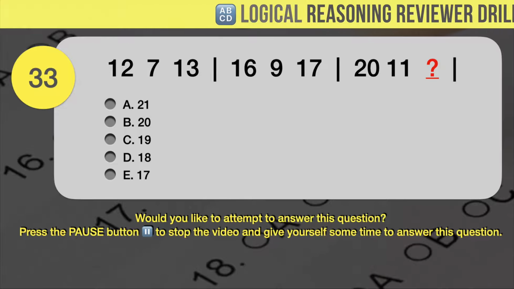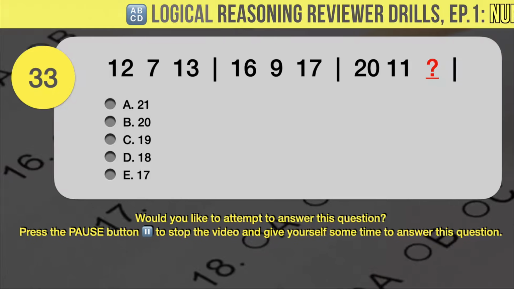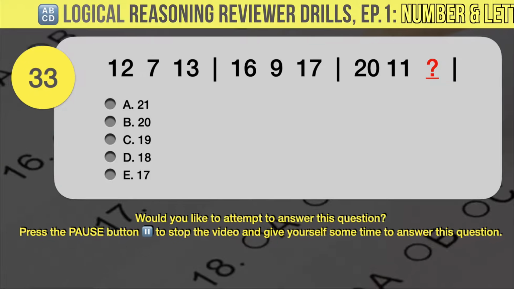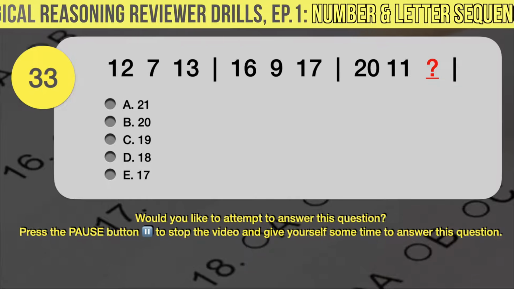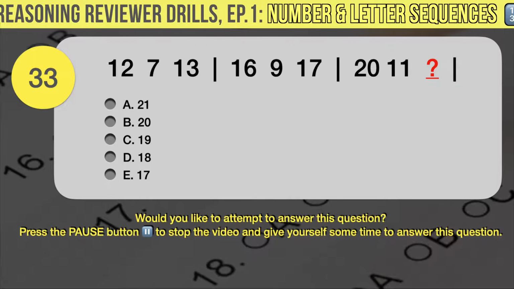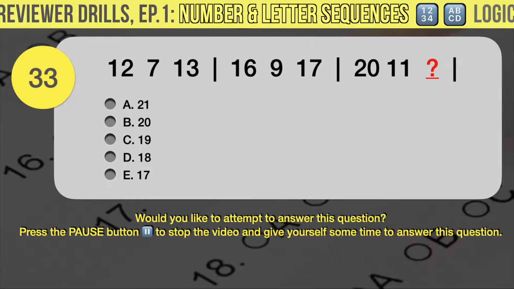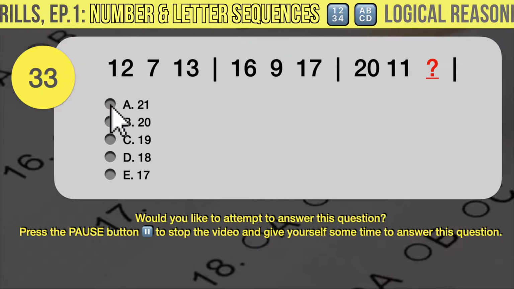Third segment: 20, 11, blank. Your answer choices are A, 21. B, 20. C, 19. D, 18. E, 17. The correct answer is A.